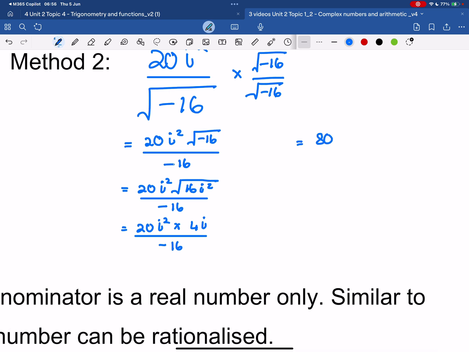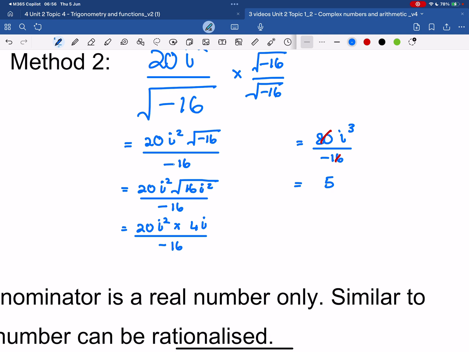So now I've got 80i cubed over negative 16. And 80 divided by 16 I can do. That gives me my 5. But i cubed is just going to be i squared times i, and i squared is negative 1.